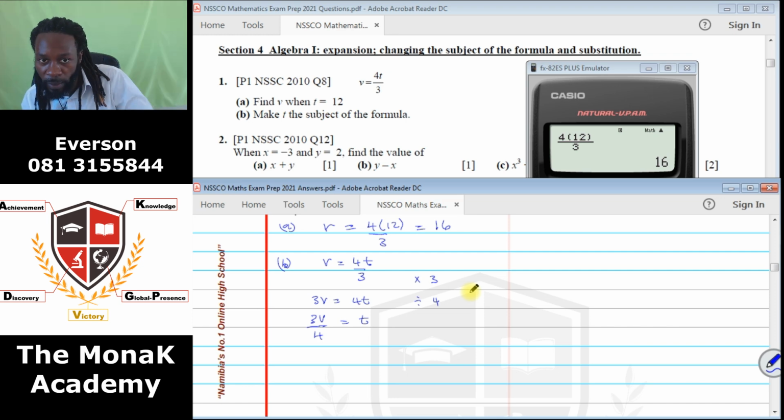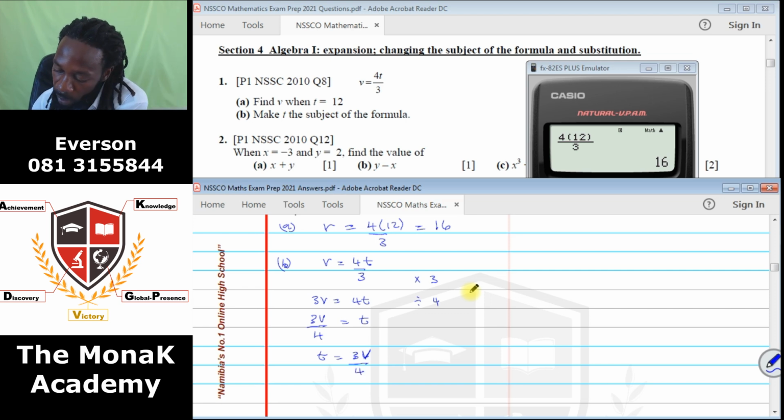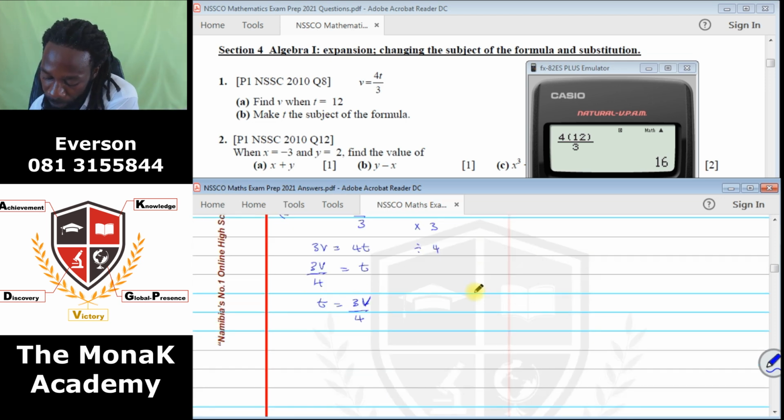So now it is changed of subject. So you can rewrite it and say t equals 3V over 4. Doesn't matter which direction it's facing.